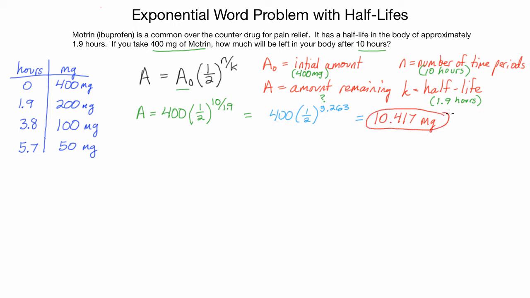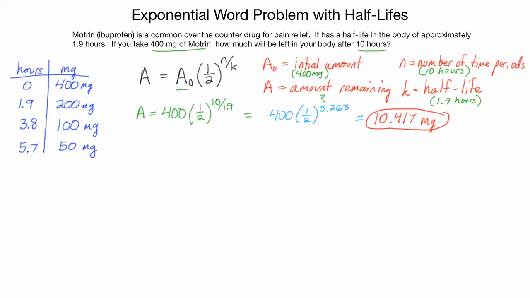There we go. If I start with 400, 10 hours later, I only have just a little above 10 milligrams. That's not very much left, right? So that makes sense. If you can take a new dose of ibuprofen after 6 hours, then after 10 hours, you shouldn't have hardly any of the original amount left. There we go. We just answered our problem.